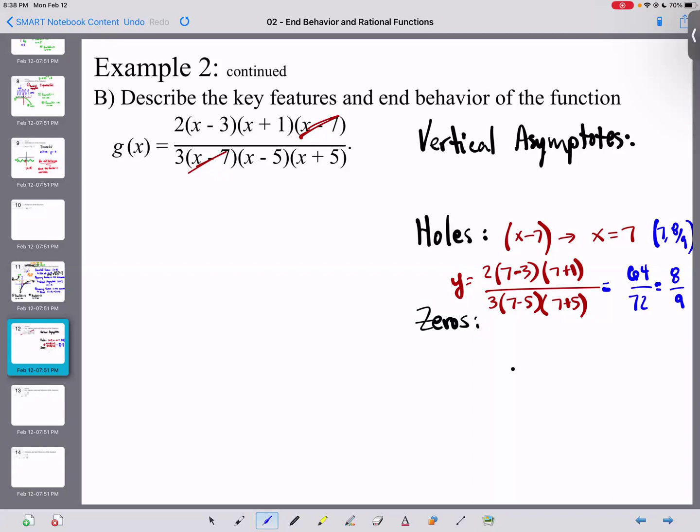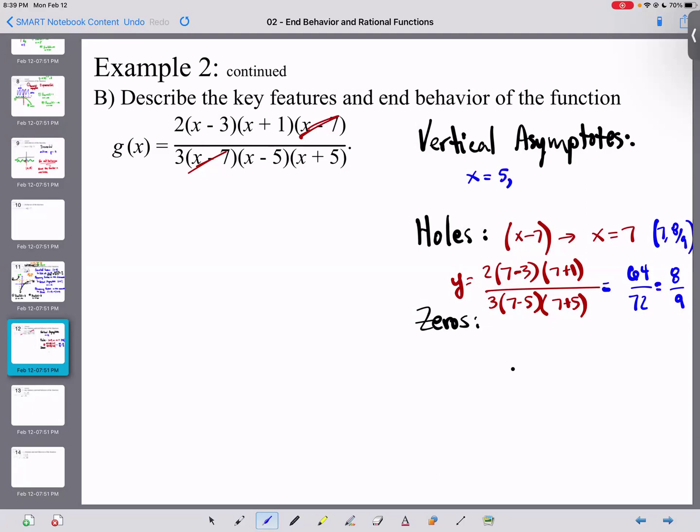Okay, what about vertical asymptotes? Where will we have vertical asymptotes? In the denominator, that's right. So what about x minus 5? Where would that asymptote be? x equals 5.